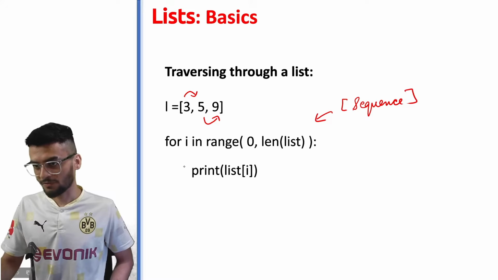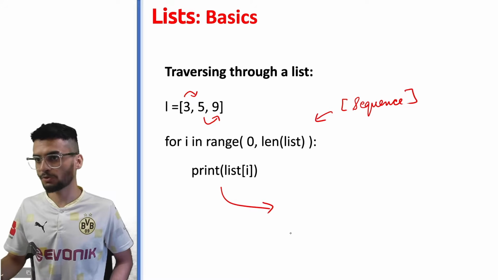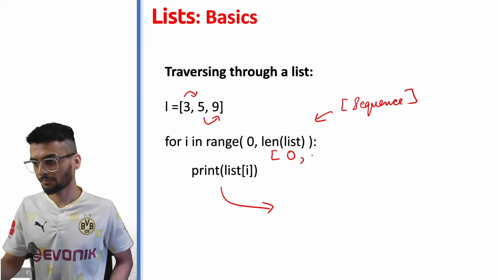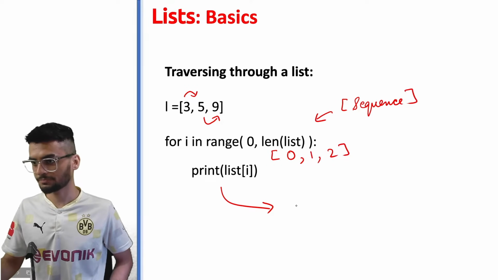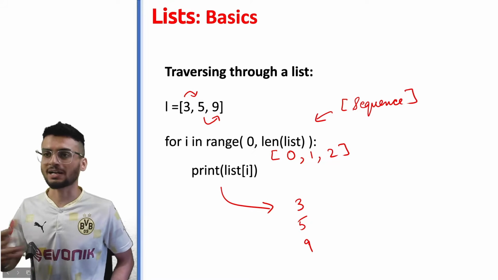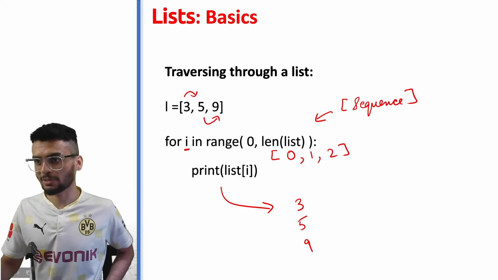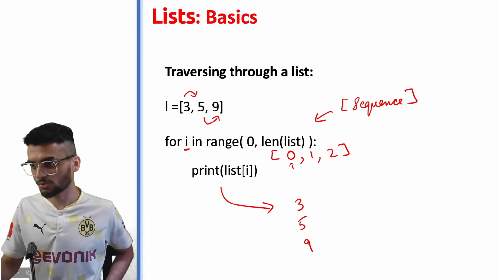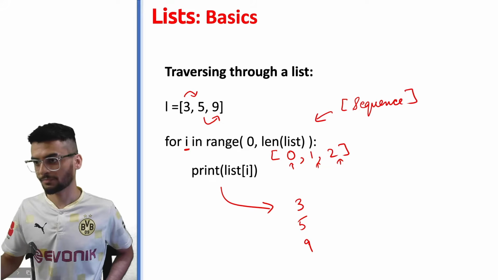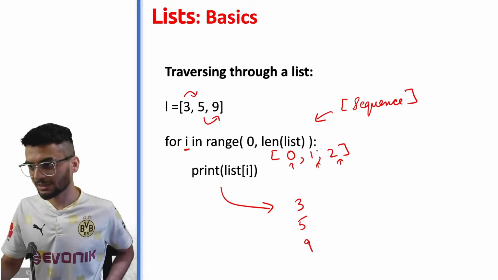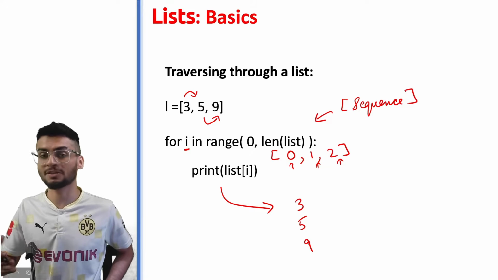When this function prints, the output we get will look like this: 3, 5 and 9. So if you did not understand this, let's try to understand in this way. I have assigned all these values to the variable i, which means all these values inside this range function will be taken.